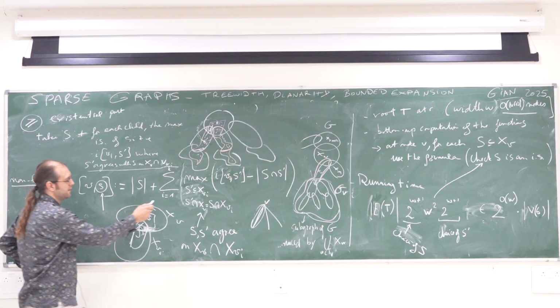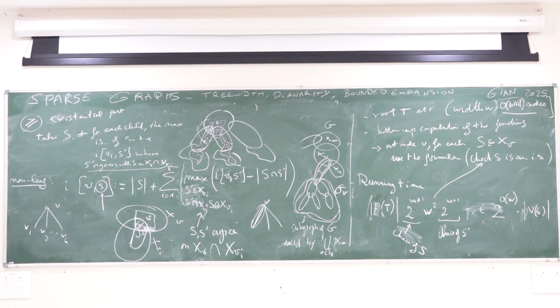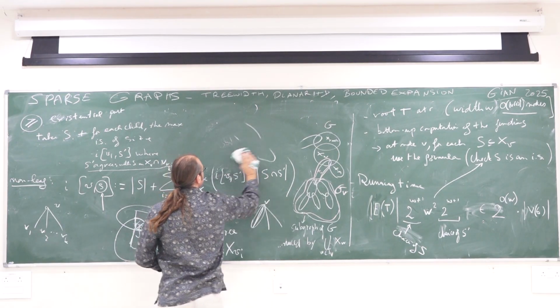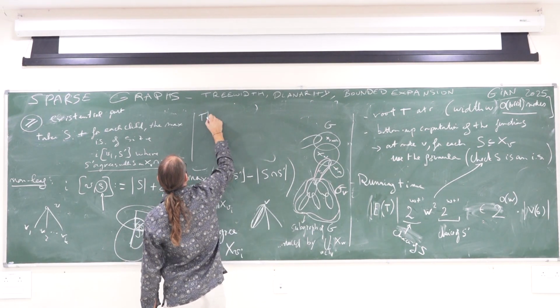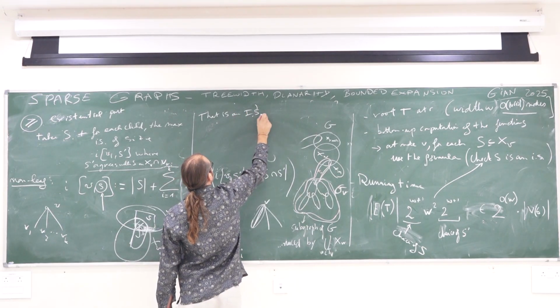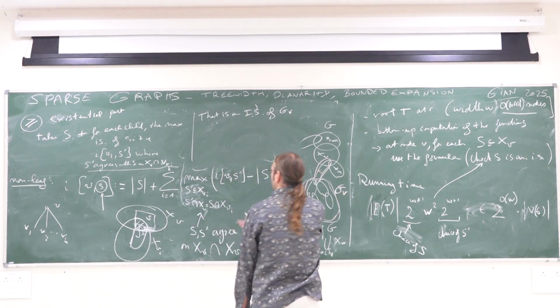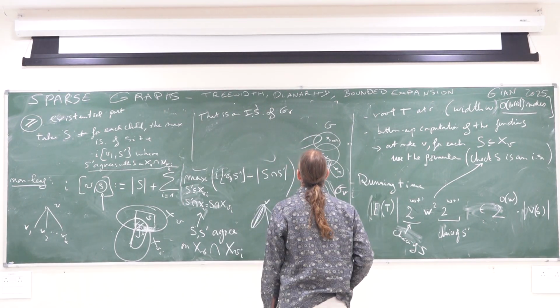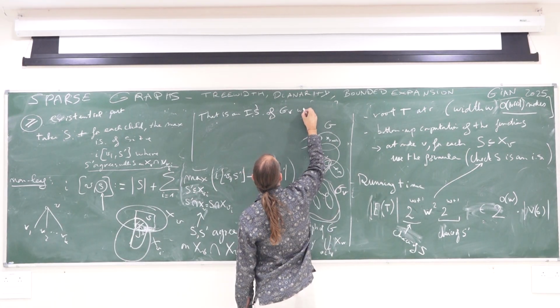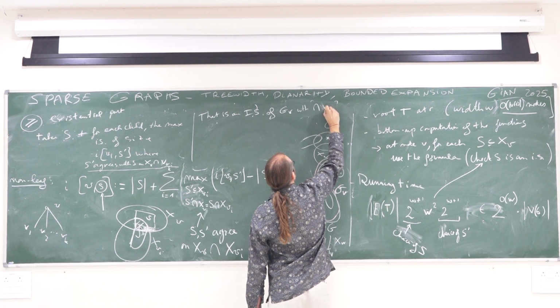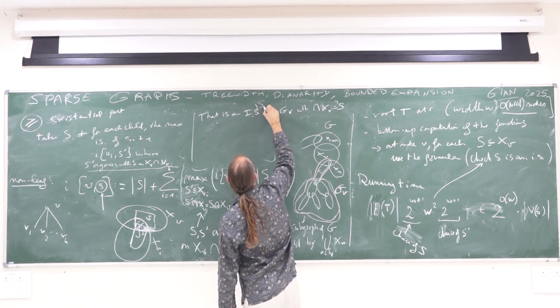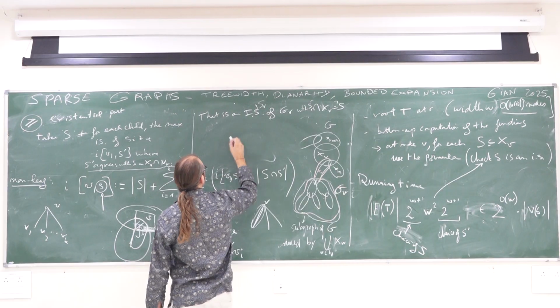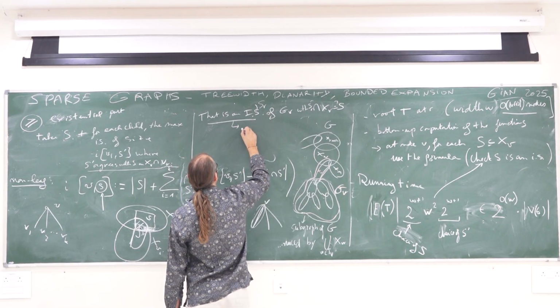This has exactly this size. Right? So take this. That is an independent set of GV which intersects XV exactly in S, and this follows from the separation.